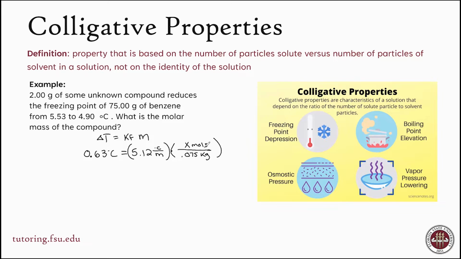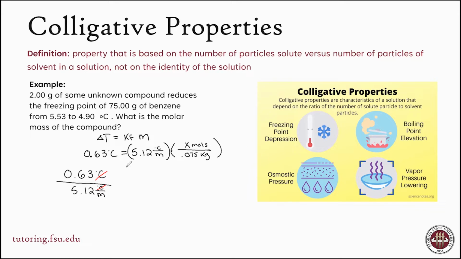Now to isolate this X, we're going to divide 5.12 to the other side and multiply 0.075 kilograms to the other side as well. So we end up with 0.63 degrees Celsius divided by 5.12 degrees Celsius over molality.